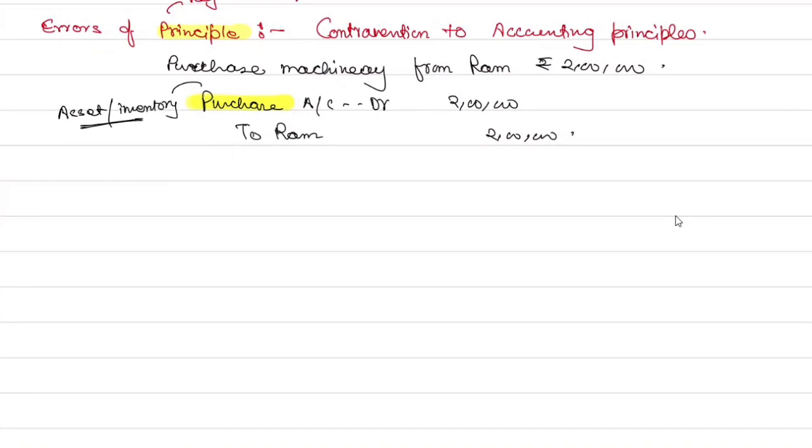So clarity is not there. That means there is some mistake in the principle. That means they don't know how to do the debit and credit. Again, error of principle is like this: we know that personal accounts are related to persons. Now suppose I classify the RAM account to be a real account, that means there is a principles mistake.